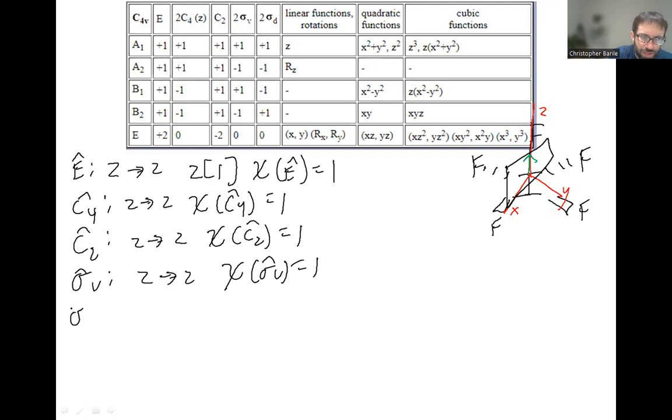And same thing with the dihedral mirror plane. The dihedral mirror plane, remember in this case, breaks through and bisects in between. It's a little hard to draw here, but it's going in between here. And again, the z vector contains it. So z is going to go to z. And so nothing at all interesting is happening here, but this is why we have 1s across the board. So it transforms as A1. It's a totally symmetric representation.